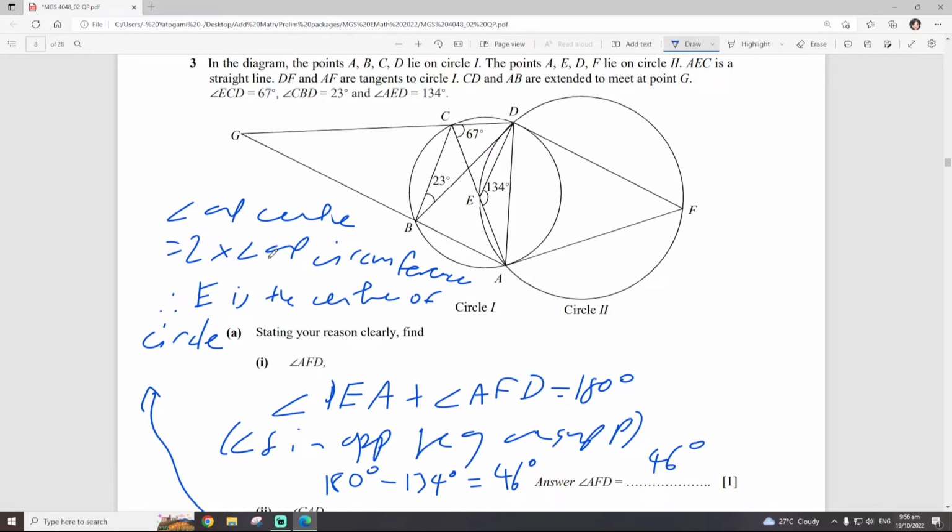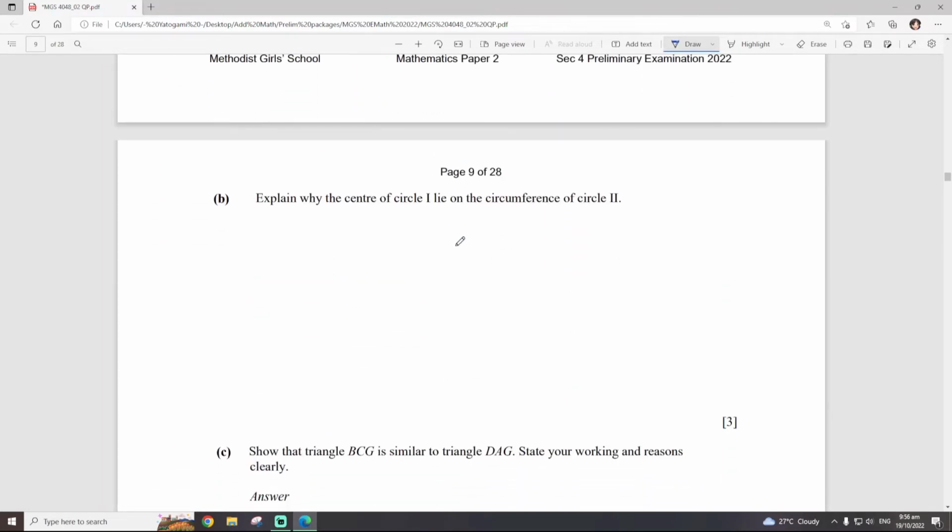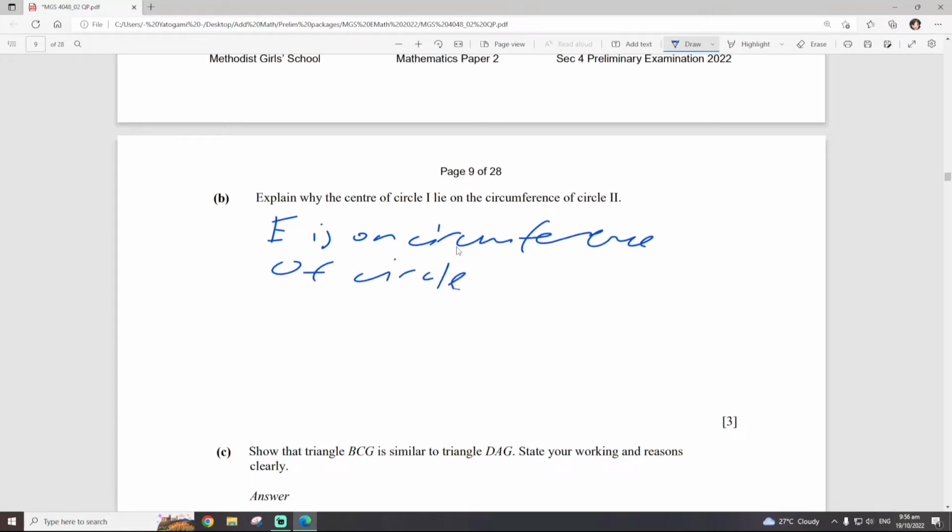Well, its angle at center is 2 times the angle at circumference. So E is the center of circle 1. And it just so happens that it lies on circle 2. Okay? Because circumference of circle E is on circumference of circle 2.